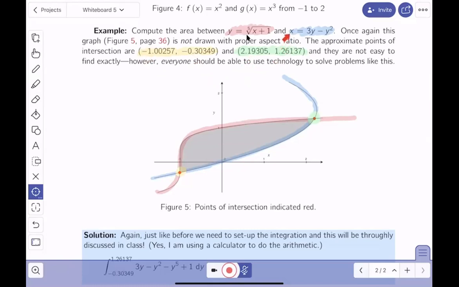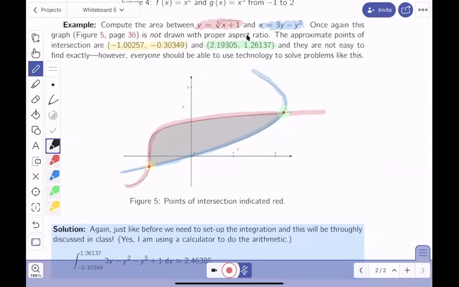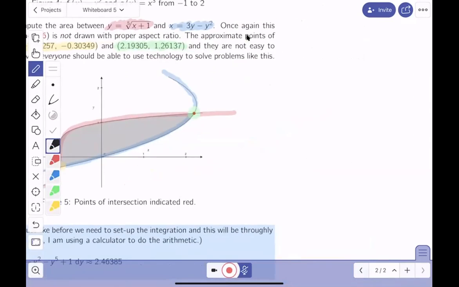Here's my problem. This one is solved for x, and this one is solved for y. So which one of these two would be easier to solve for either x or y? I'm going to say the red one is going to be really easy to solve for x. I'm going to make an attempt to do that, and I'll write that down for you. There's going to be y equals the fifth root of x plus 1, and I want to see if I can solve for x.